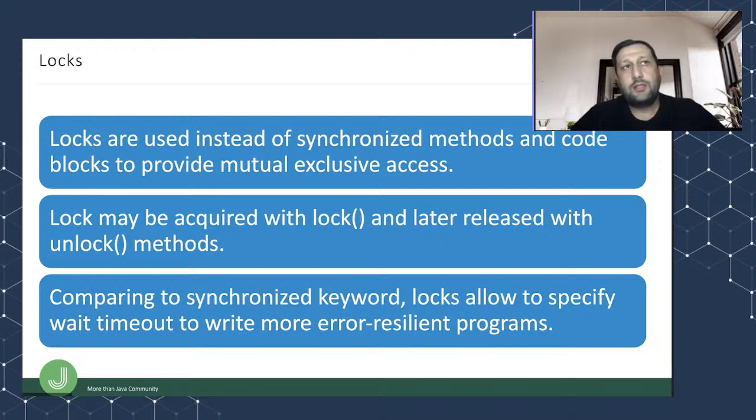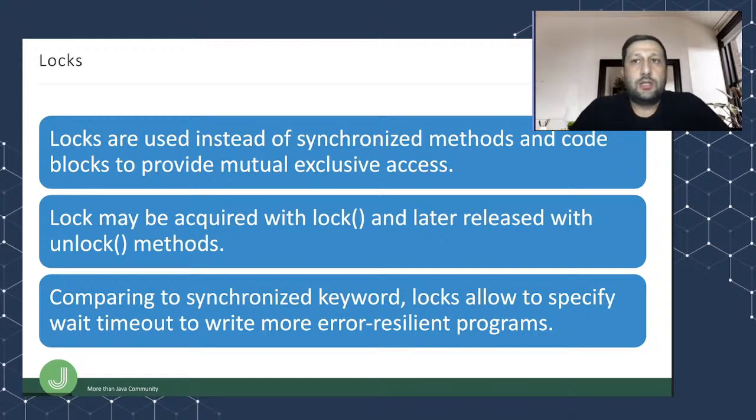A synchronized block is fully contained within a method. In the Lock API, we have lock and unlock operations in separate methods. So it's very convenient to control locks and unlocks using the Lock API. A lock may be acquired with lock and later released with unlock wherever we want.